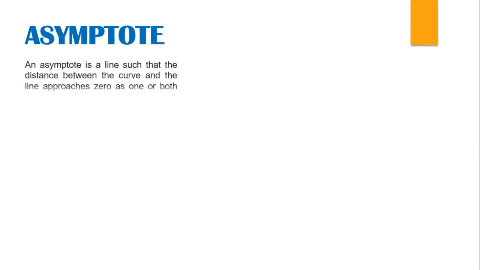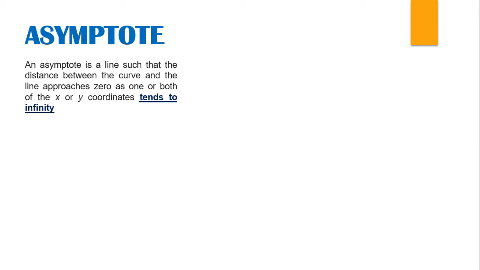Asymptote. What is an asymptote? An asymptote is a line such that the distance between the curve and the line approaches zero as one or both of the x or y coordinates tends to infinity.